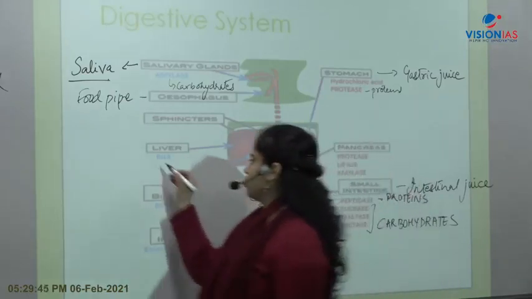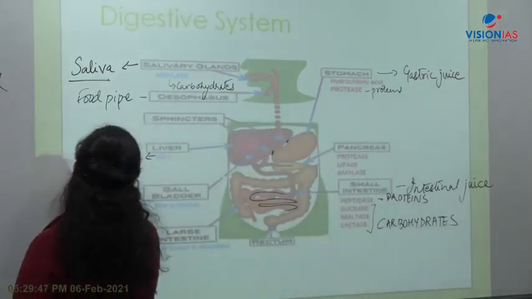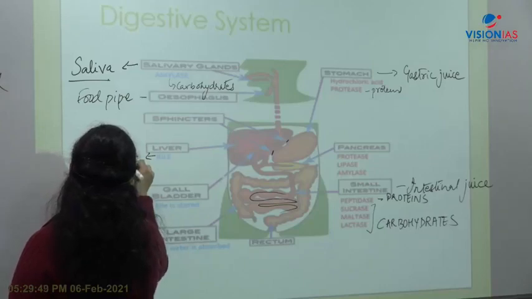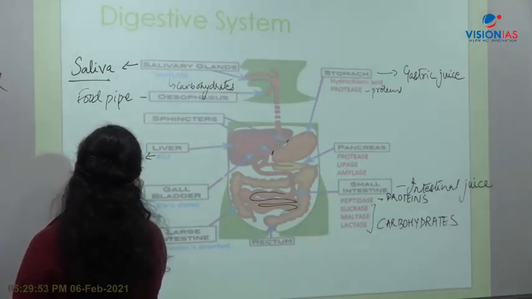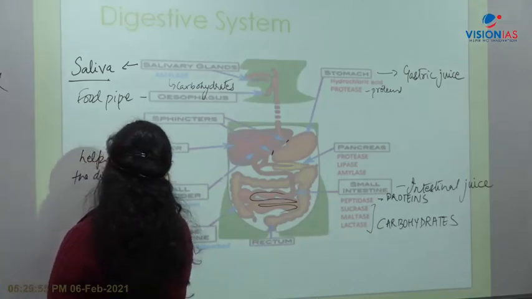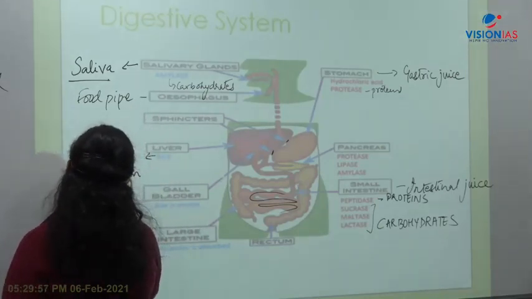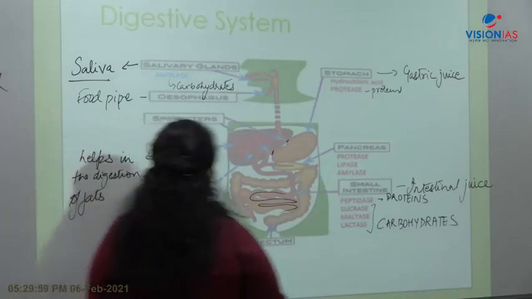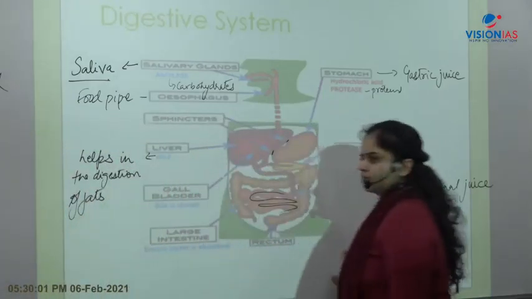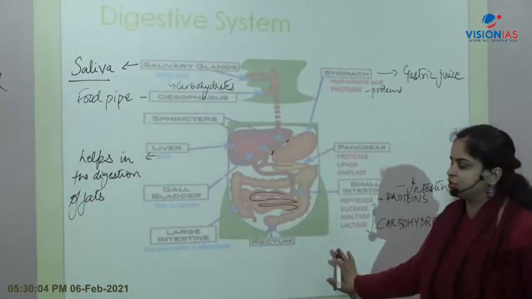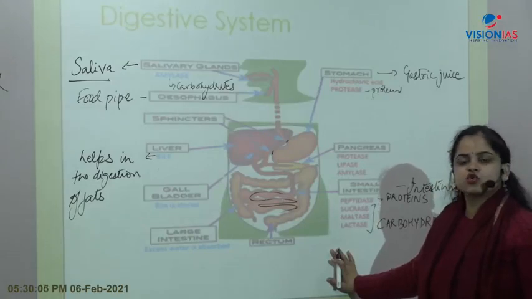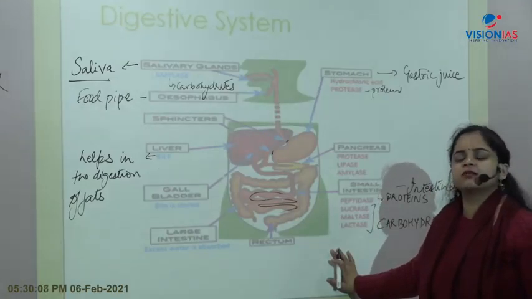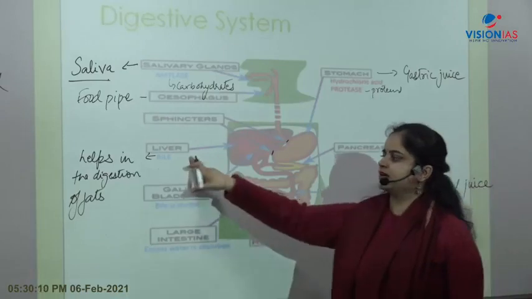That is the role of bile. Without enzymes also, it helps in the digestion of fats. Alright, digestion of fats is going to be assisted by bile, which is produced by the liver.